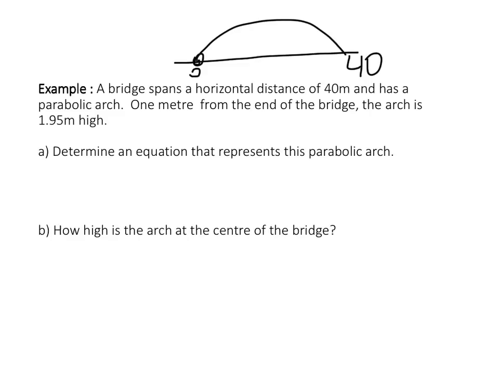And we know that 1 meter from the end of the bridge, so from here, let's say that this is 1, it's totally out of scale, the height right here is 1.95 meters. We're going to use this information to determine an equation that represents this parabola. And we're also going to figure out how high the arch is at the center of the bridge. So that means we're going to figure out how high it is from there to there. All right, so let's hop to it.